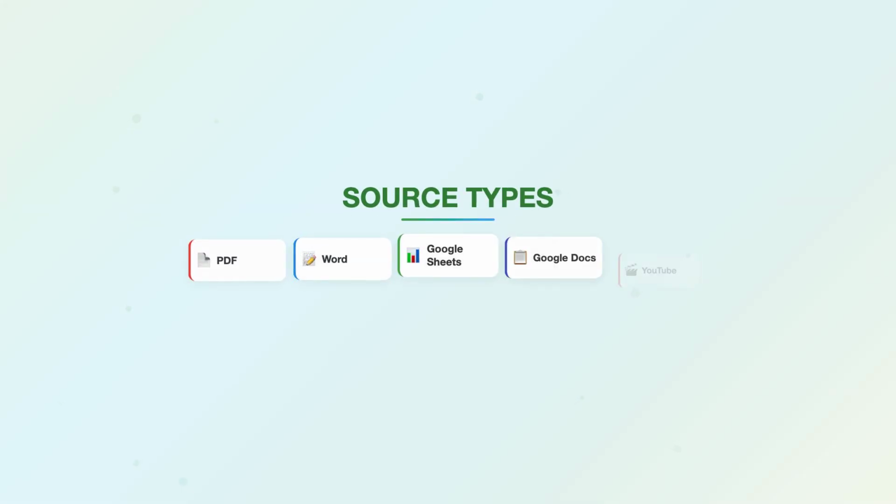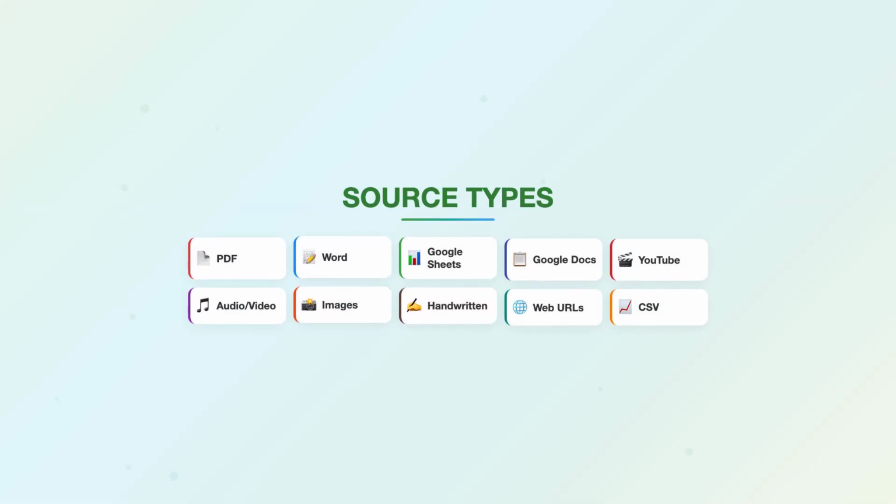NotebookLM supports an incredible range of source types: PDFs and Word documents, perfect for research papers and reports, Google Docs and Sheets, live synced from your drive, YouTube video URLs. It pulls the full transcript automatically.